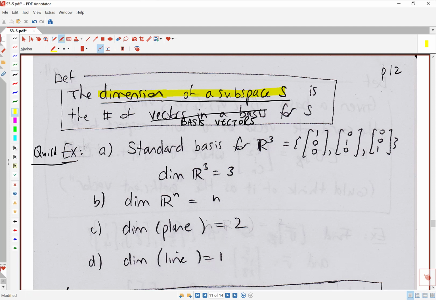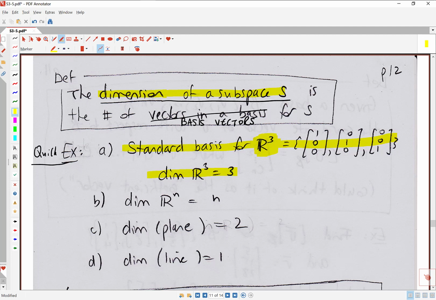So let's say that our subspace is all of R3. So that's our subspace. If you were to write down a basis for that subspace, the standard basis that you would think about is just one unit along each of your coordinate axes. And the dimension is the number of basis vectors. So dimension of R3 would be 3. It takes 3 basis vectors to describe all of R3.